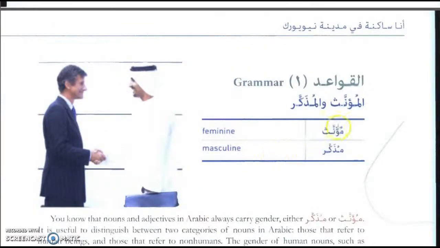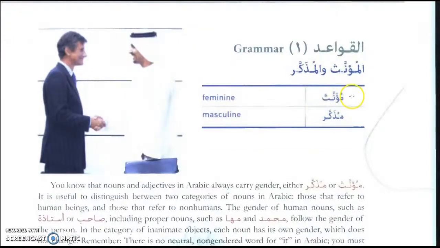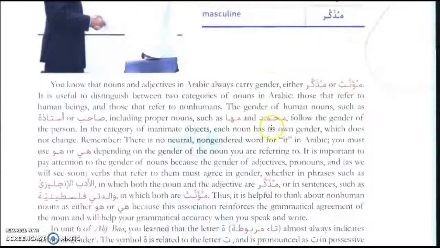Right. In lesson 1, we have a section on grammar, qawaid, and this is covering mu'annath wa mudhakkar, the two words for grammatical feminine and grammatical masculine. Mu'annath, feminine, mudhakkar, masculine.